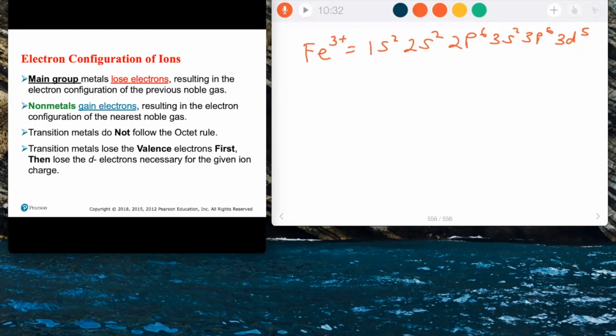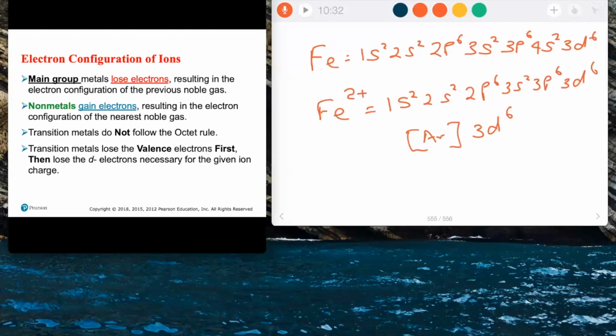So you remove the 4s and then you go to the d sublevel. So this can be argon, number 18, followed by the 3d5. Please remember how to write the electron configuration for elements, especially what I've underlined in green.